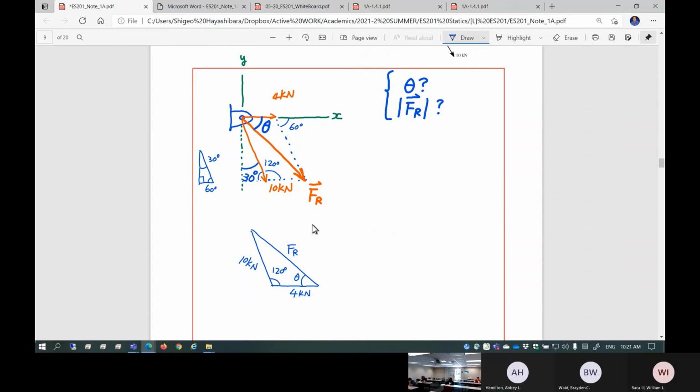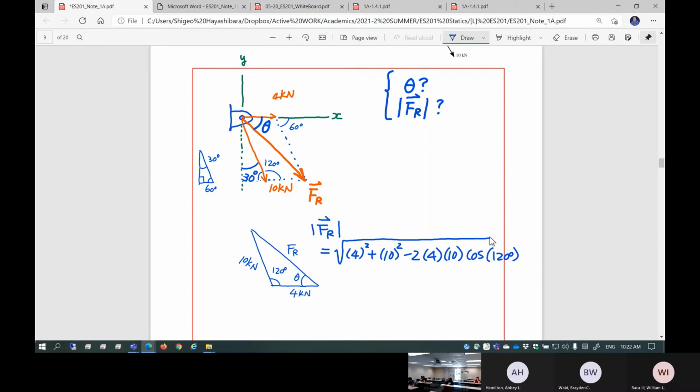Okay. So magnitude of Fr using cosine law is the square root of 4 kilonewton squared plus 10 kilonewton squared. Everything is in kilonewton, minus 2 times 4 times 10 times cosine of 120 degrees.